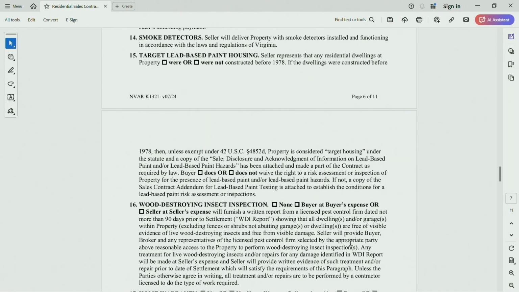I know we want to make it easy for the listing agent to ratify our contract, but don't fill out the forms for the other side, because you're giving away potential contingencies in your contract by filling this stuff out for them. If you know it's built prior to 1978, that's easy enough, right?